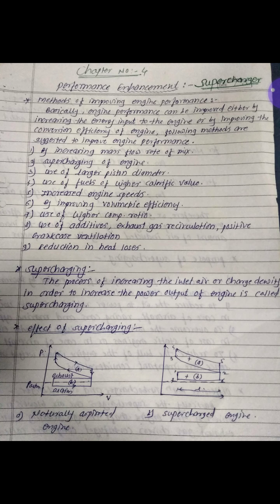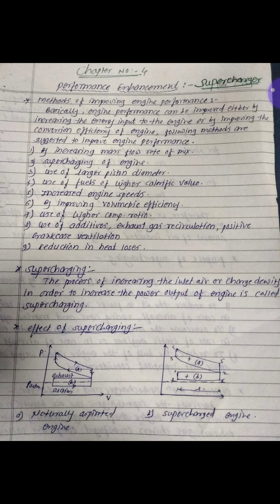Similarly, positive crankcase ventilation reduces the unburned hydrocarbon loss, because whatever unburned charge is given out from the engine is again sucked into the engine with the help of positive crankcase ventilation.